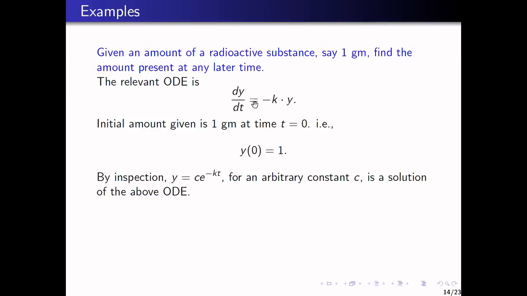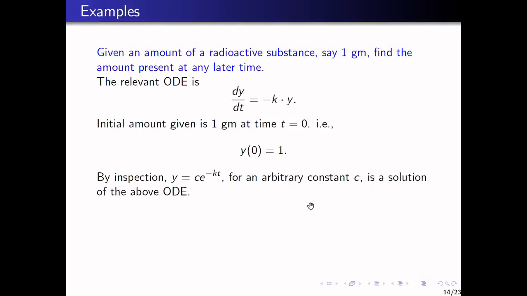So the y after taking the derivative is not changing, it is just getting multiplied by a constant. So this tells us that the solution should be of the type exponential of t. And then you can easily by inspection find out that it is precisely y is equal to some c times e raised to minus kt, where minus k is the decay constant and c is some arbitrary constant.